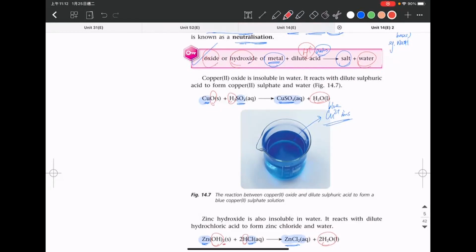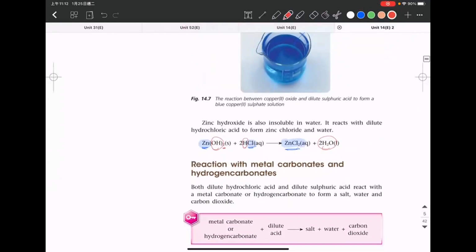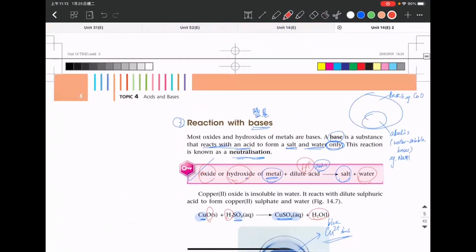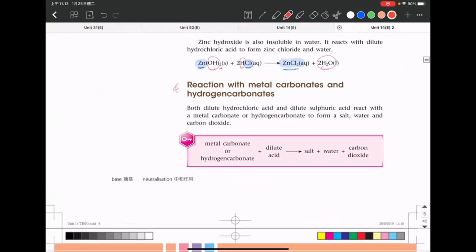Okay, so that is the way to classify. We come to the fourth chemical property. We will call it the reaction with metal carbonates and hydrogen carbonates. Now remember, because carbon dioxide is formed, we would not call this type of reaction neutralization.